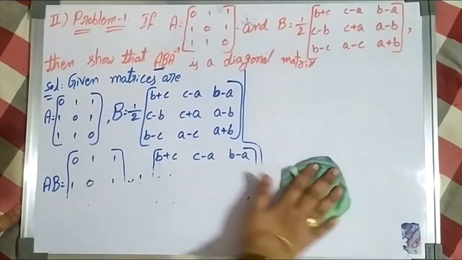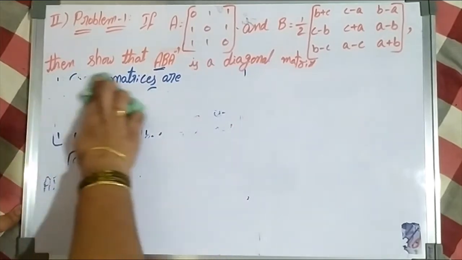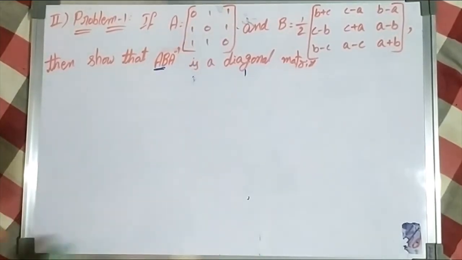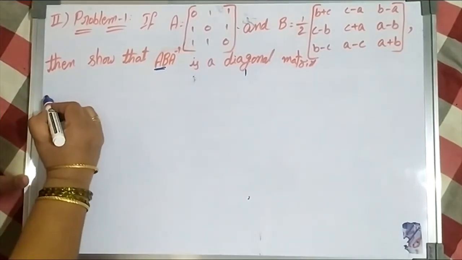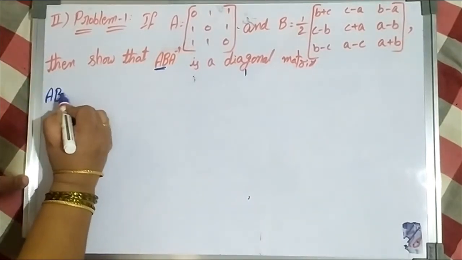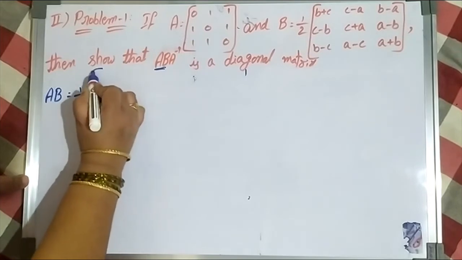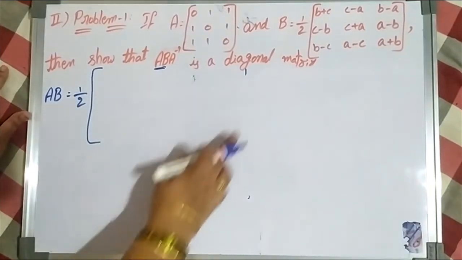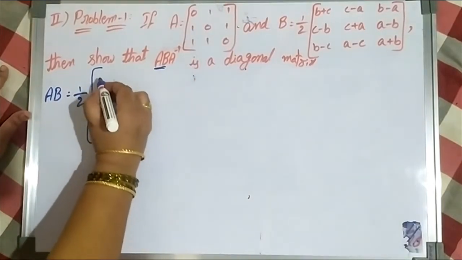Then I have to multiply here also. Then AB is equal to half into the multiplication.